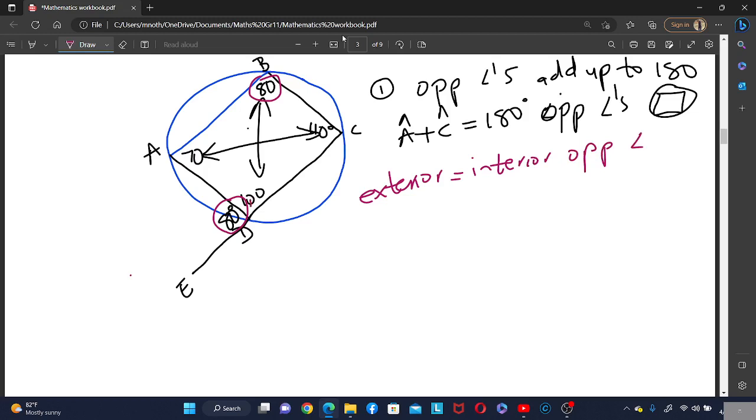The interior opposite angle is this one, angle B. So angle ADE is equal to angle B, I mean, it's equal to 80 degrees. That is an exterior angle. So this is a cyclic quad. The opposite angles of a cyclic quad add up to 180, and also an exterior angle of a cyclic quad is equal to the interior opposite angle. So if you get that, then you won't have a problem.